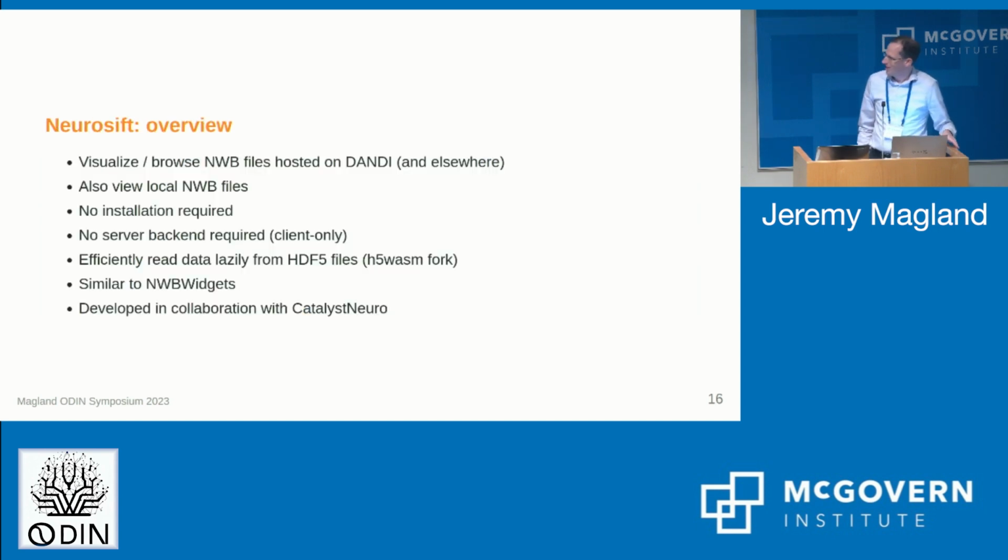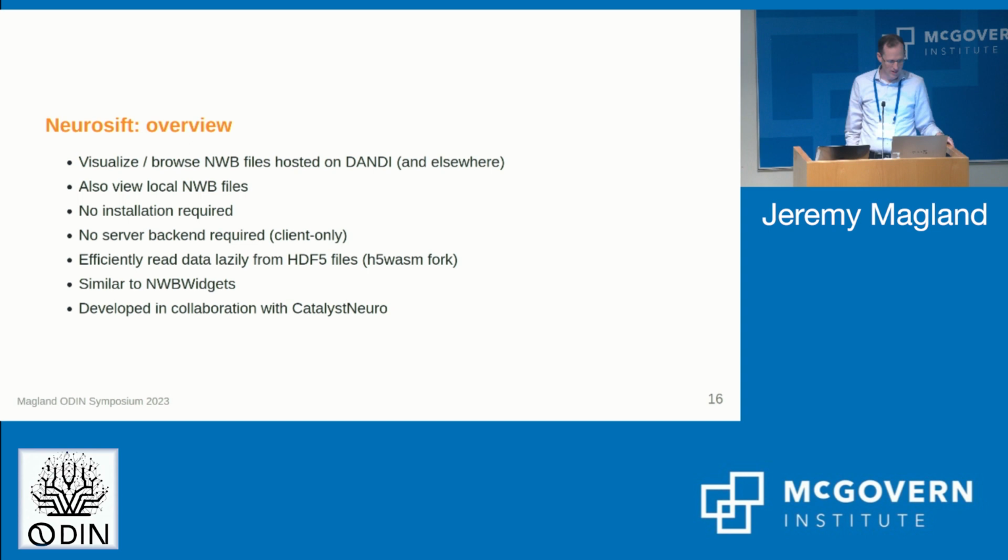Okay, so moving right along, I'm now going to the next piece of software called Neurosift. The goal here is to be able to browse the NWB files that are hosted on DANDI and elsewhere, but also to be able to view those files locally, or if you have NWB files locally that you haven't yet uploaded to DANDI, then you can also visualize them there.